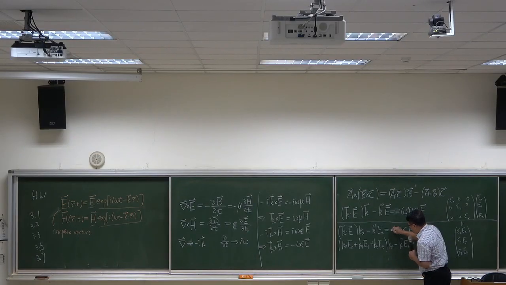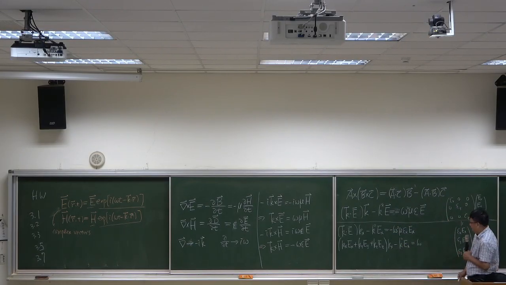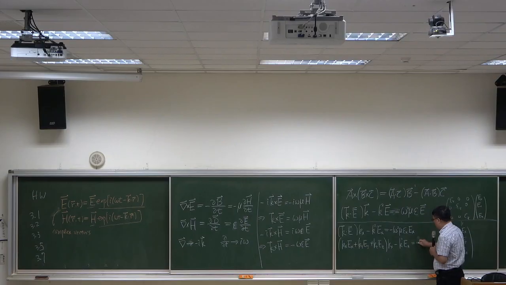We have a minus sign here. Minus omega squared mu epsilon x Ex.